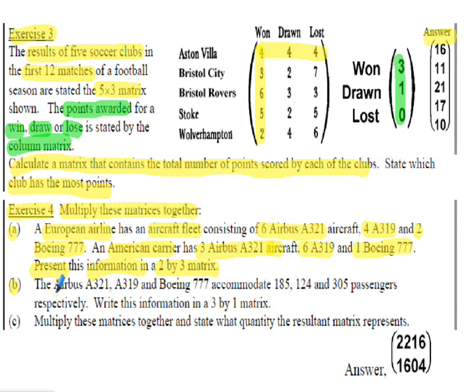Part B. The Airbus A321s, A319s and the Boeing 777 accommodate 185, 124 and 305 passengers respectively. We've got to write this information in a 3 by 1 matrix. And finally, part C, we're asked to multiply these matrices together and state what quantity the matrix represents. The answer is shown here.